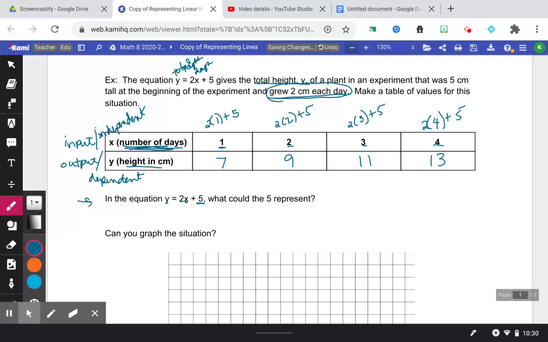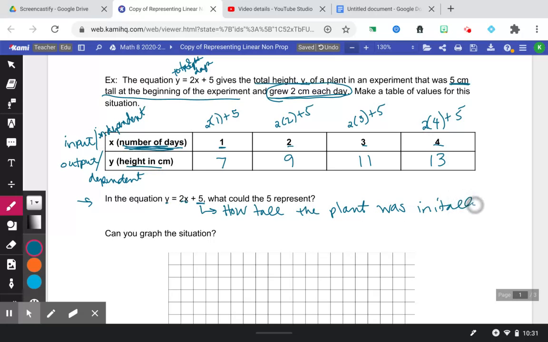Let's read back. It says the total height y of a plant in an experiment that was 5 centimeters tall at the beginning of this experiment. So right there, it's telling us that the 5 is how tall the plant was initially. It was 5 centimeters to start with, before we started keeping track of its growth over days.